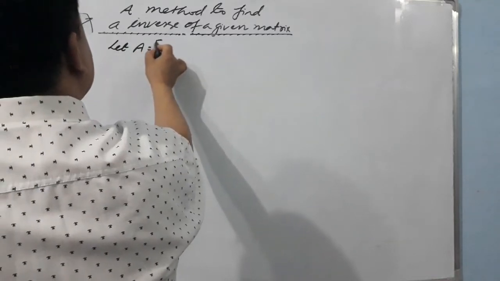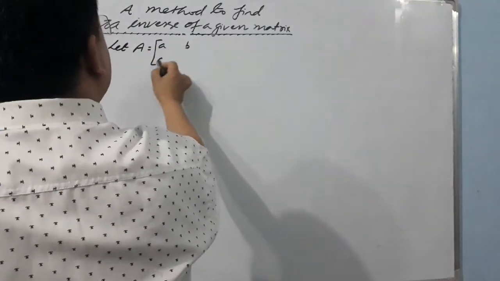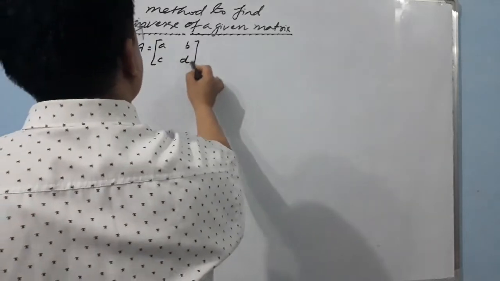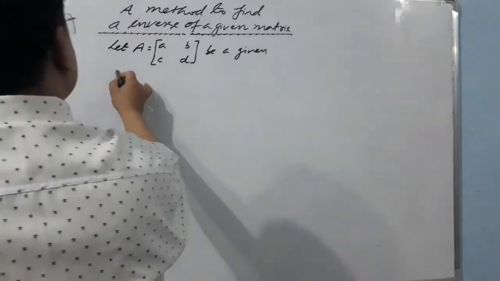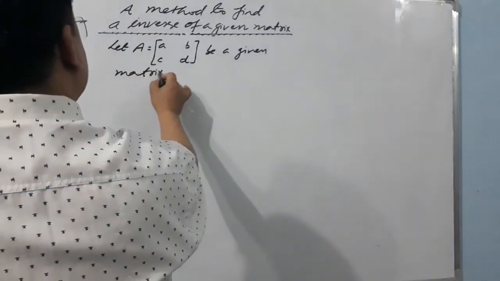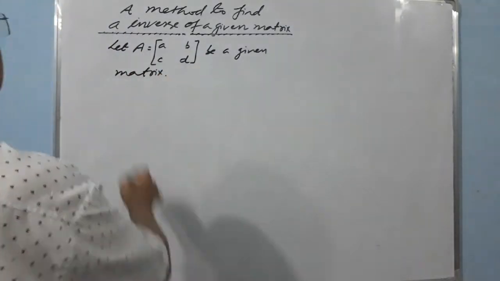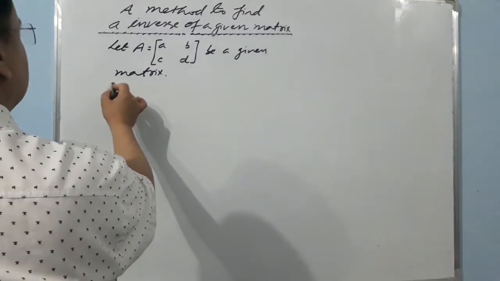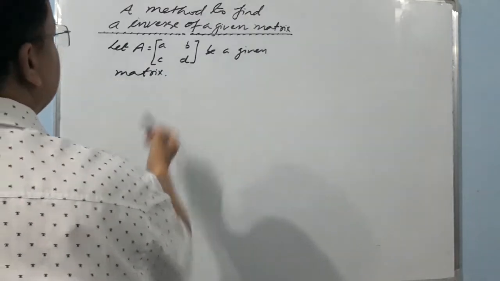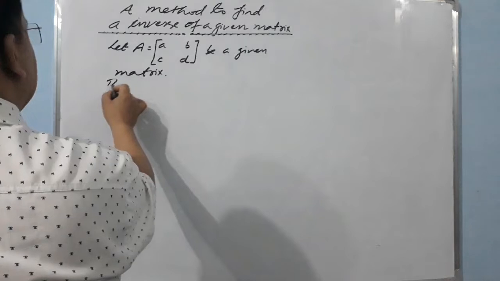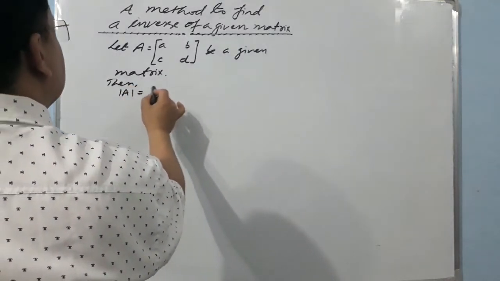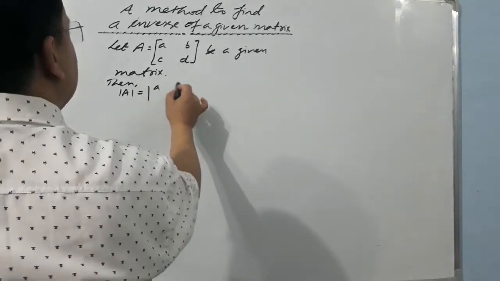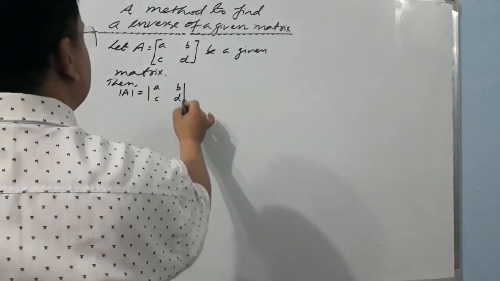Let A be equal to the matrix [A, B; C, D], a given matrix. Then the determinant of A is equal to the determinant of [A, B; C, D].